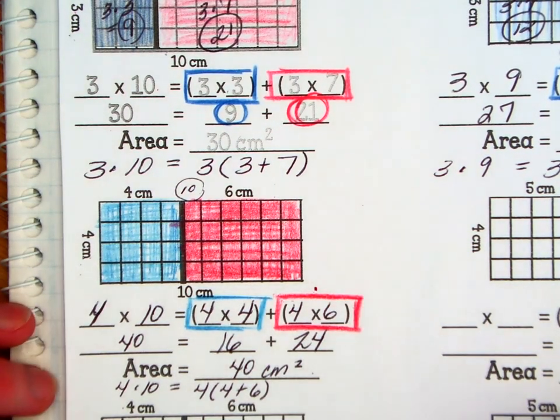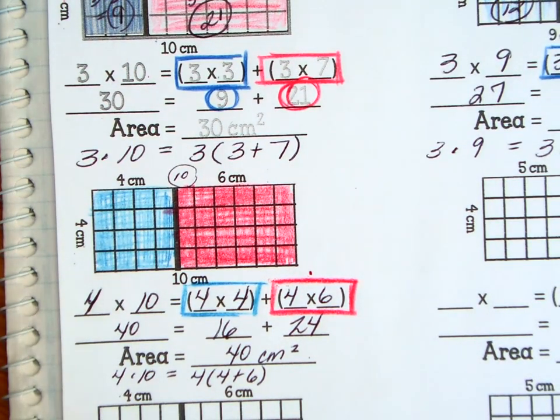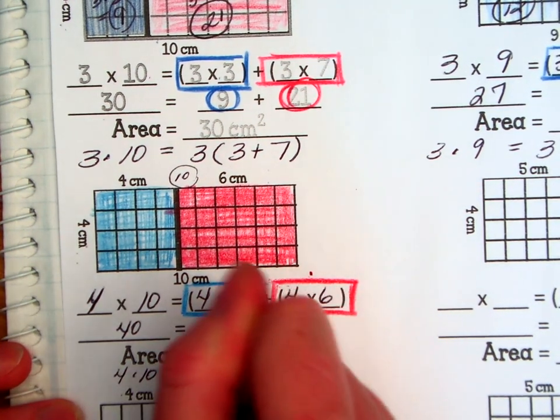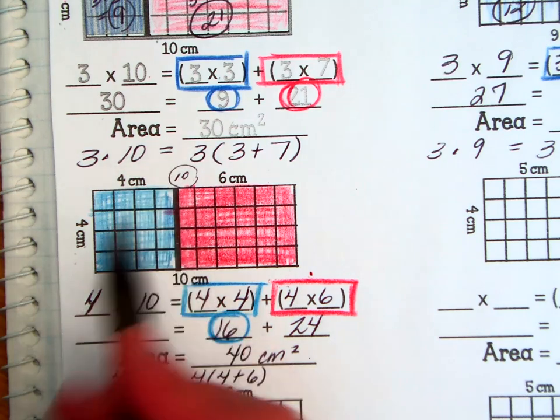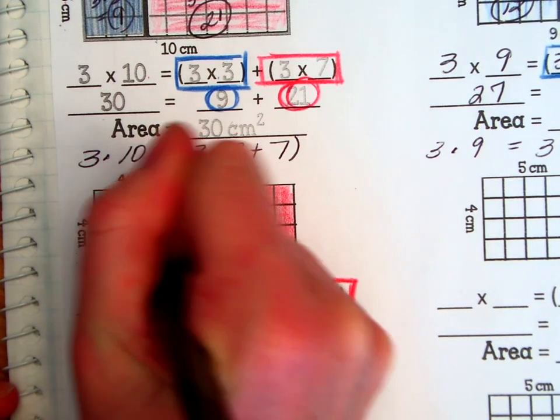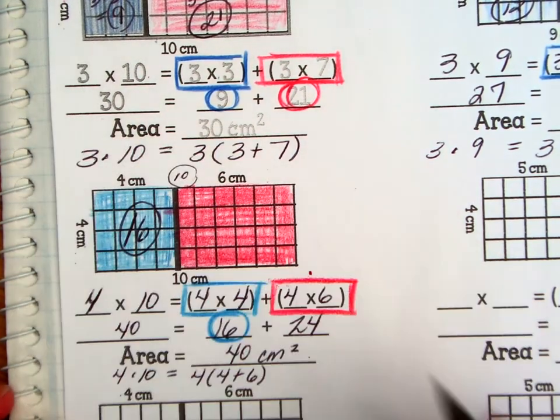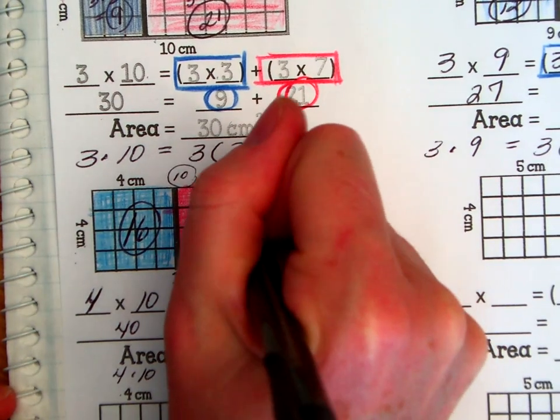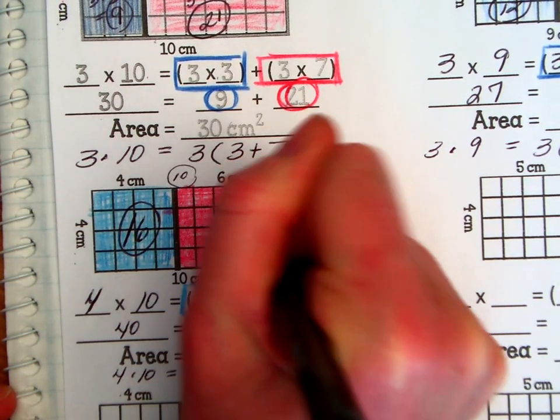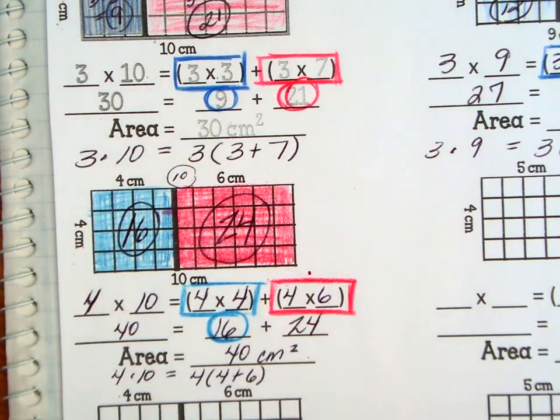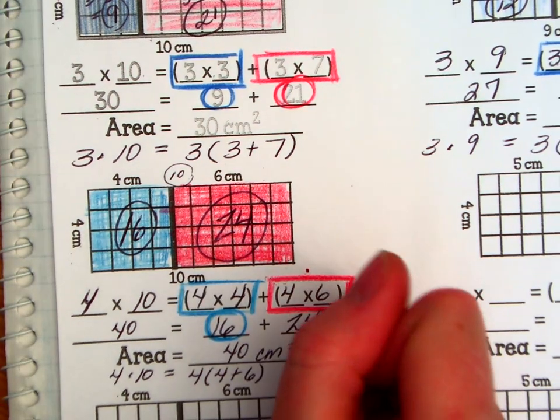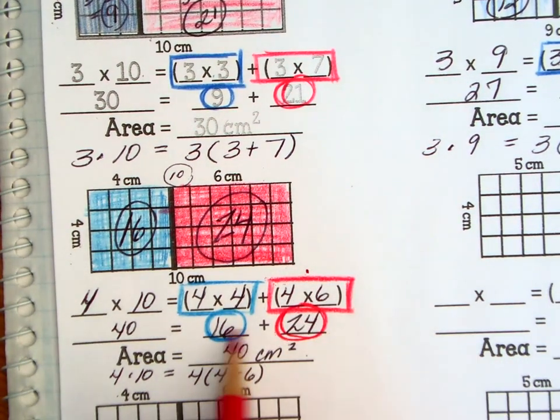I might have said 4 times 5. That is located here. 4 times 4 was 16. That is what this area model is worth. This section of the area model is worth 16, and this section of the area model is worth 24. Those two pieces can be composed to 40.